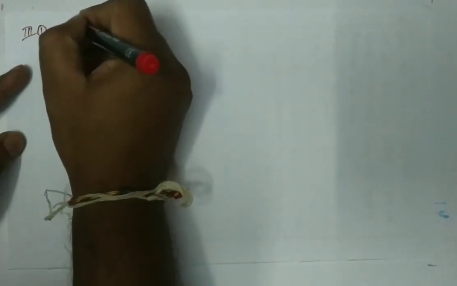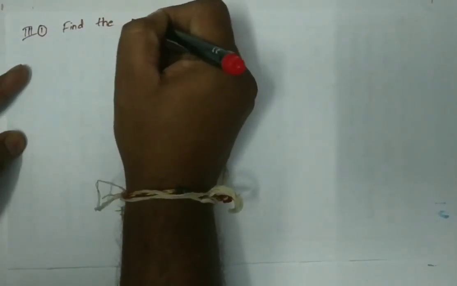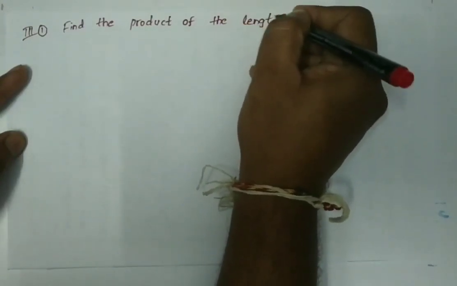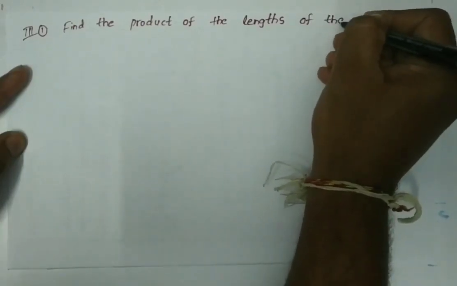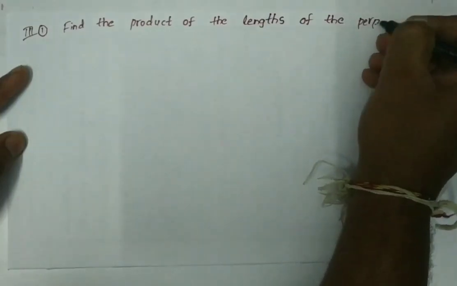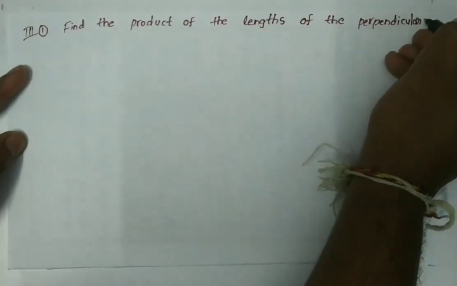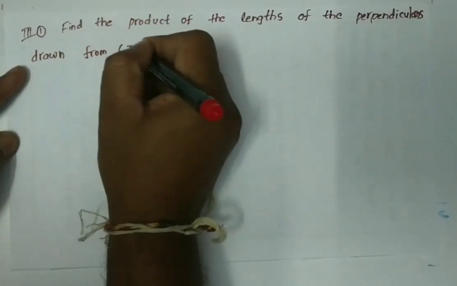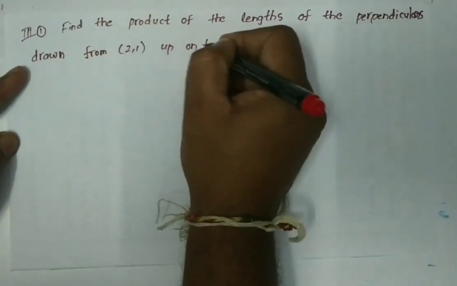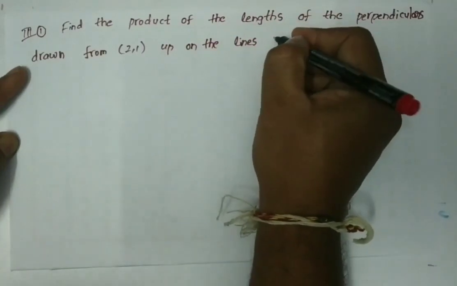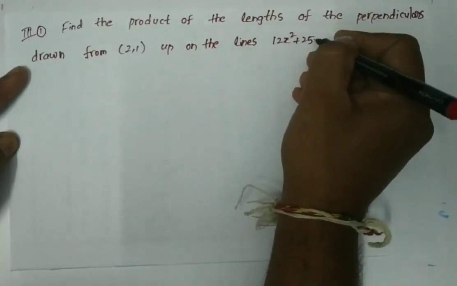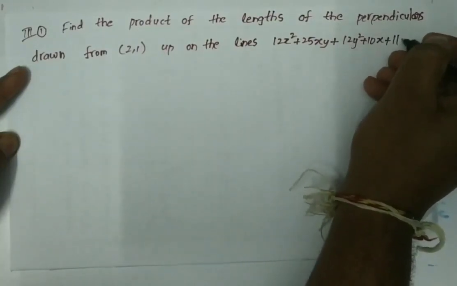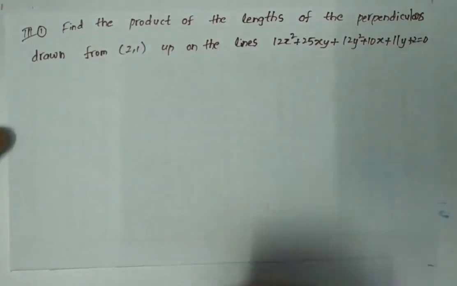Find the product of the lengths of the perpendiculars drawn from 2, 1 upon the lines 12x square plus 25xy plus 12y square plus 10x plus 11y plus 2 is equal to 0.